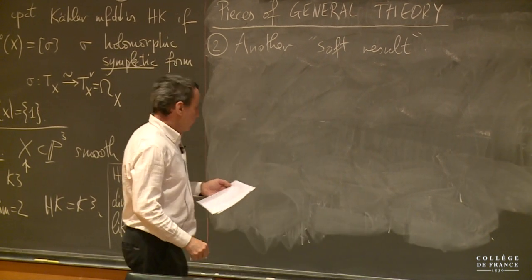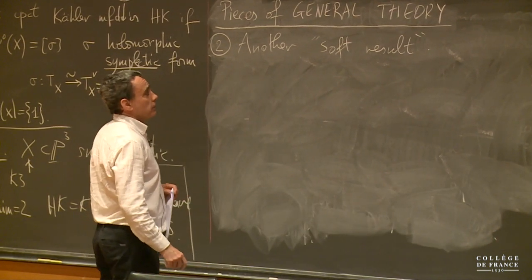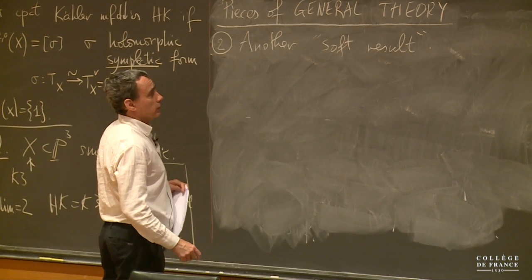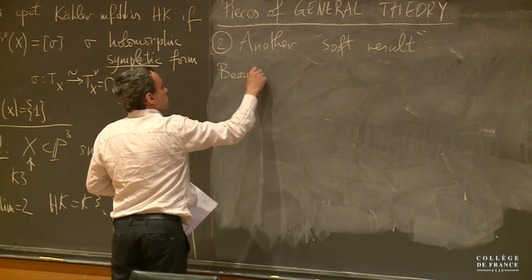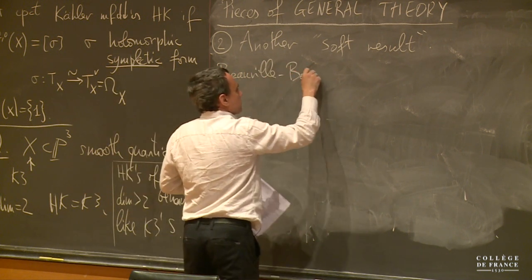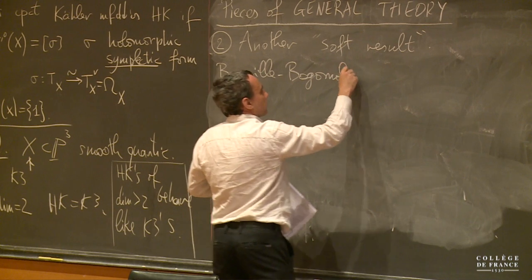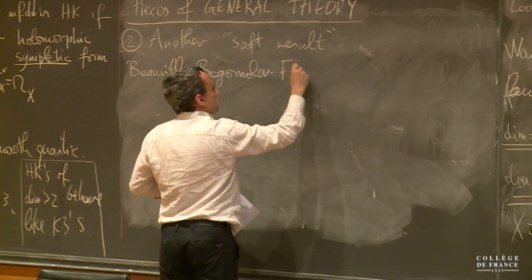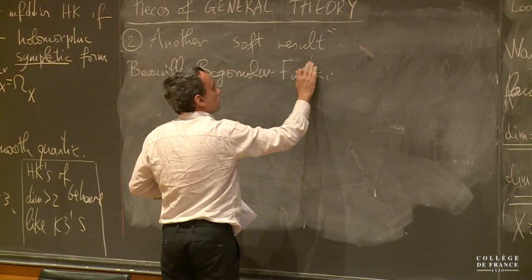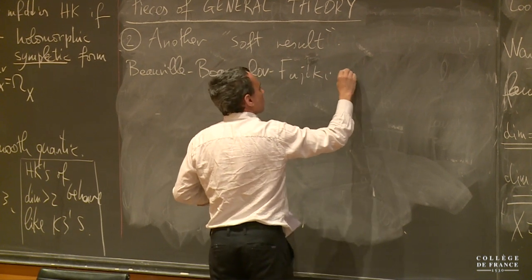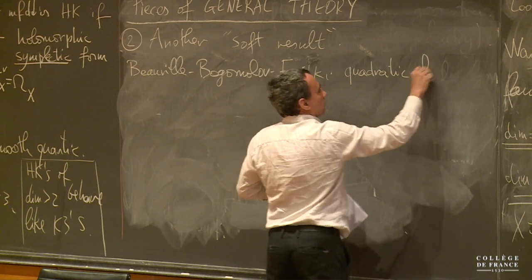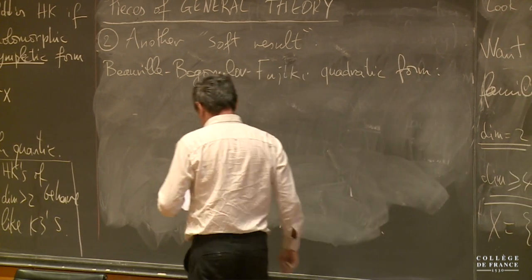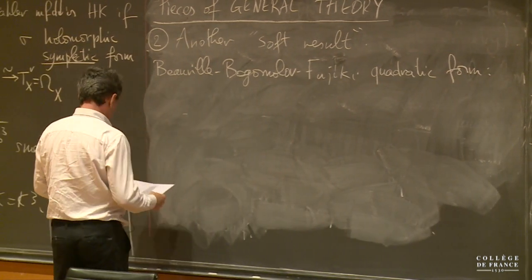So another soft result is the existence of the Beauville-Bogomolov-Fujiki form.